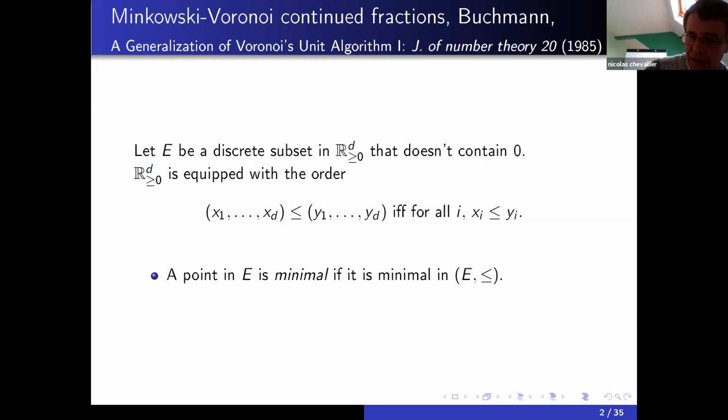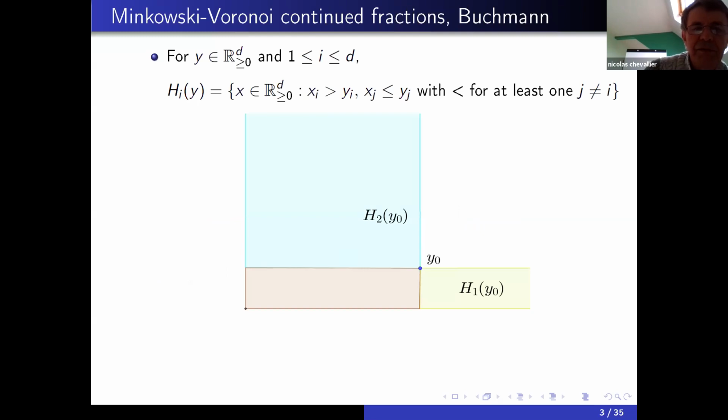Now, what is Voronoi's algorithm? I still follow the presentation of Bruman. Just a notation before: if you have a point y in R^d, the set H_i of y is the set of x in the positive quadrant such that the ith coordinate of x is greater than the ith coordinate of y, and all the other coordinates of x are smaller than the coordinates of y, with at least one strict inequality.